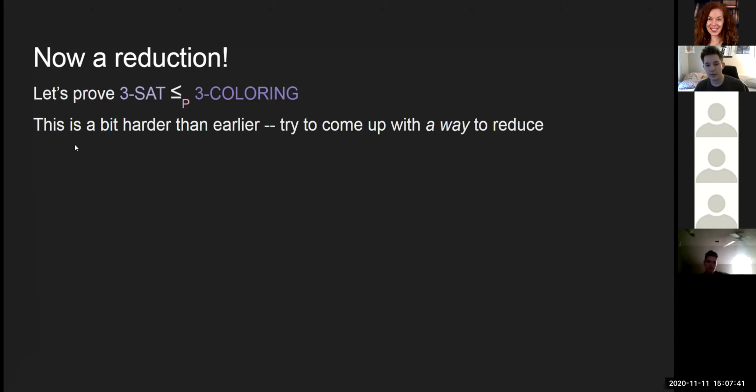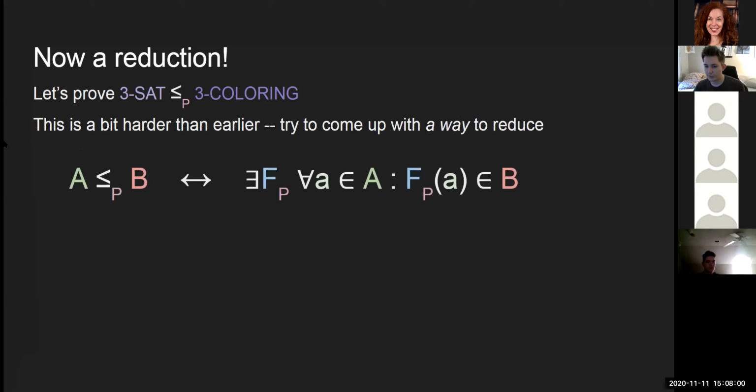So let's see. This is going to be a little bit harder of a reduction. Earlier we were able to just map them one-to-one, but we want to come up with a way that we are able to convert a 3-SAT problem into a 3-coloring problem formulaically. I'm going to show you this definition again just to remind you slightly. Remember, that means that there exists some function so that we can convert any element in A, which is in 3-SAT, into a problem that is in B, which is 3-coloring.